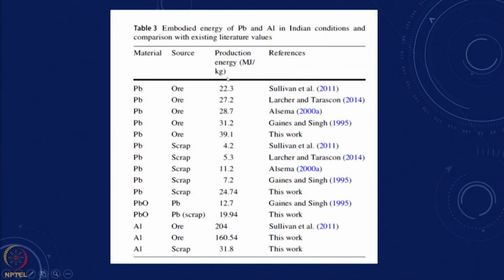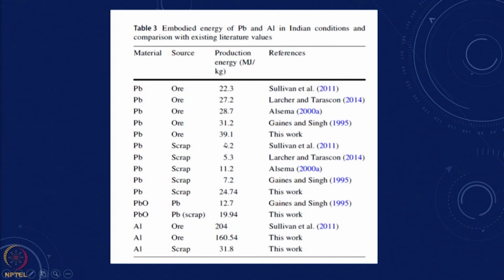That means if you are directly getting it from the ore, it varies from 22 to 39. We've used 39.1. These are for other contexts, Europe and others. We have taken the location of the mine, the kind of ore that we have, the energy used in that, and we got a value, and the details are there in the paper.